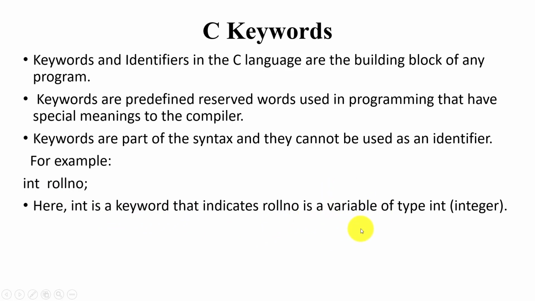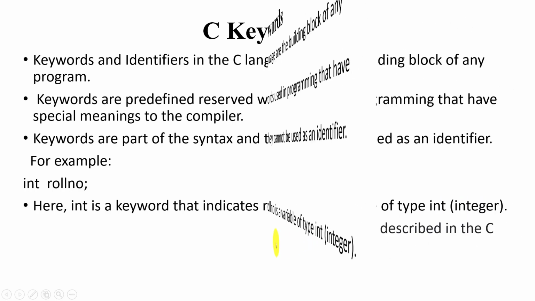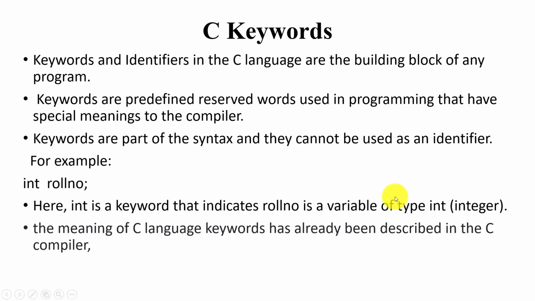What a variable is, we will discuss in a further video, but int is itself a keyword and it represents integer. Int is predefined and a reserved word, so the meaning of int is already known to the compiler.